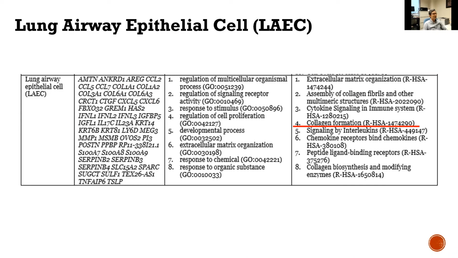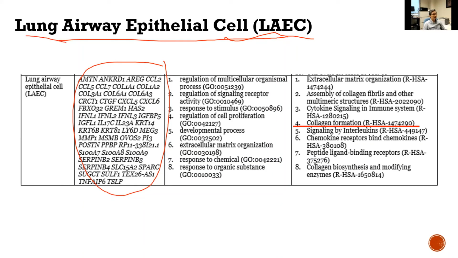Remember, we tested several other cell lines. So this is a lung airway epithelium cell, and those are the highly variable genes identified in this cell line, and you will see those gene sets are different from what we identified from the lymphoblastoid cell line. So across different cell types, they don't share any of these highly variable genes. And this gene set is enriched with functions, for example collagen formation as a representative function.